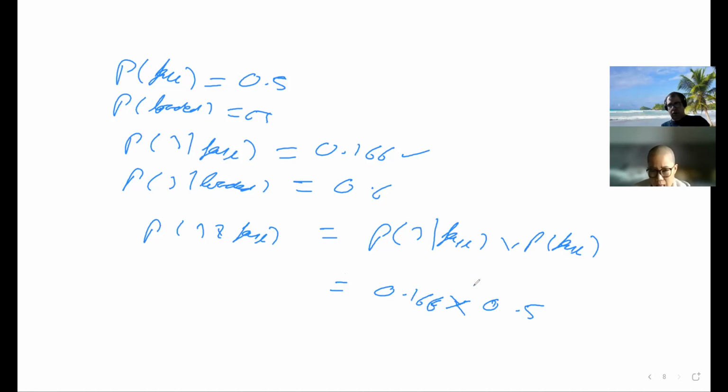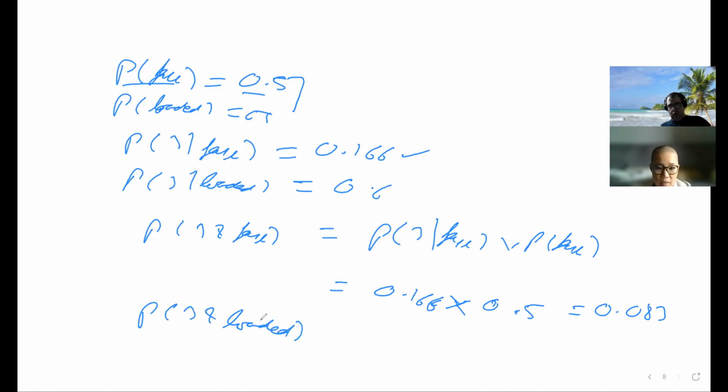Why is it 0.5? Because it is given, P(fair) is 0.5. So that would be 0.08. Yes, 0.08.